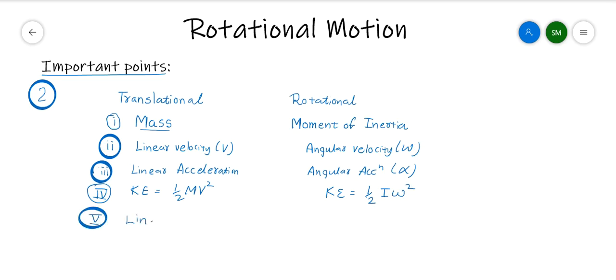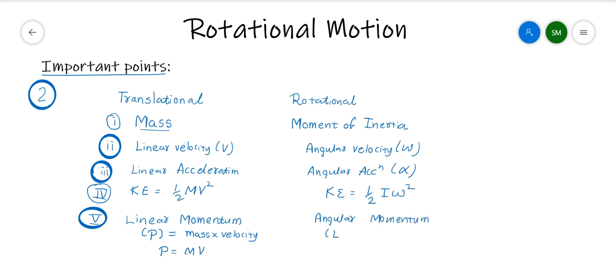In translational motion, the body has a linear momentum. Linear momentum is denoted by the symbol p, and it is nothing but mass into velocity of the body, that is p equals mv. The role of linear momentum is played by angular momentum in rotational motion.